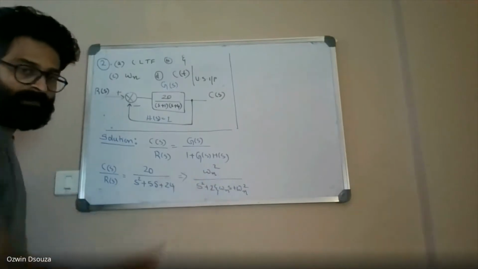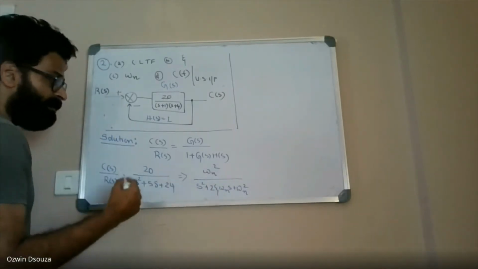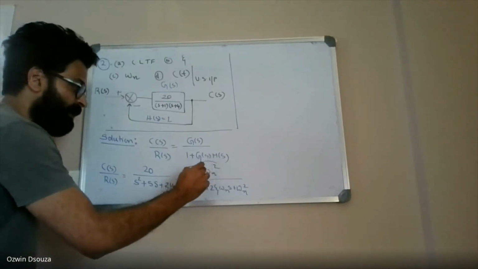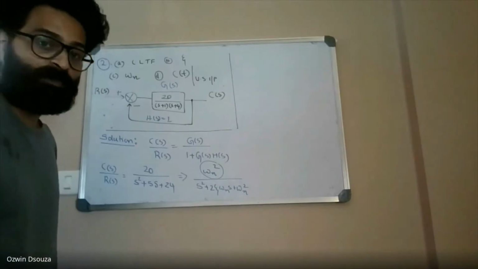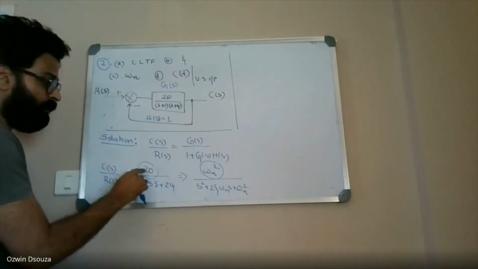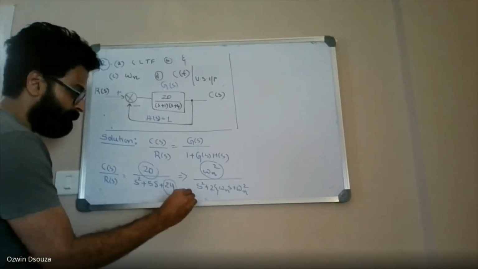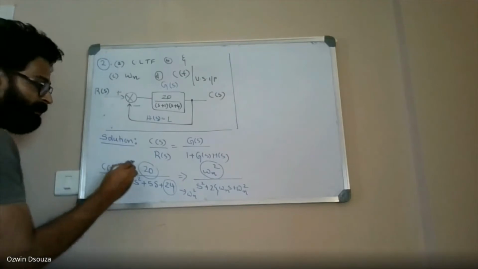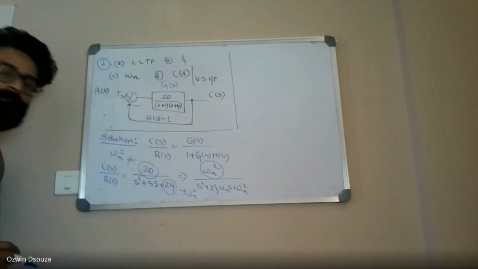But if you look at the numerator, in the standard system you have omega n square, and in the given system you were supposed to have omega n square, but omega n square is 24. This is not equal to omega n square.